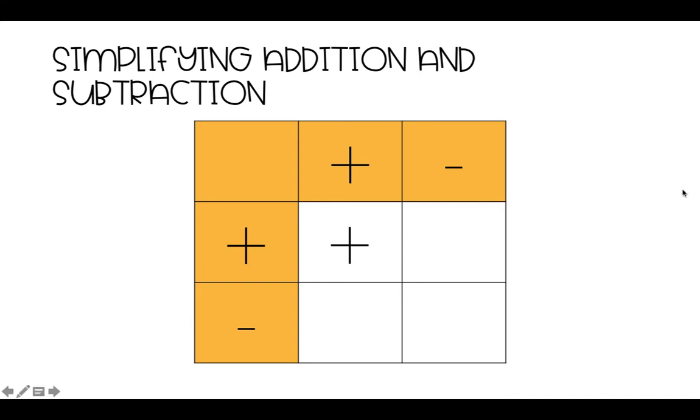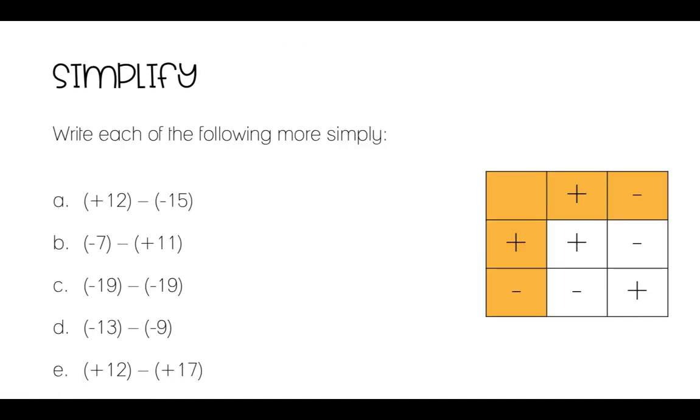If we have two negative symbols, so if we have 8 take away negative 6, we would replace that subtraction and that negative sign with a positive. If we have a positive and a negative, we keep it as a negative, and if we have a negative and a positive, we keep it as a negative. So essentially, if they're two of the same sign, they become positive. If it's two different signs, so a negative and a positive, they become negative.